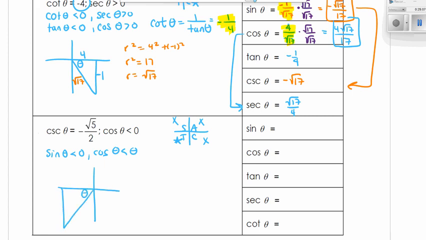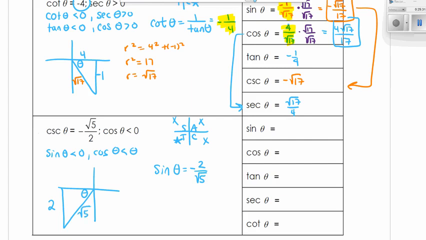Cosecant is the reciprocal of sine. So if we flip this, we get the sine of theta is going to be equal to -2 over root 5. I'm going to use that to help me draw my triangle before I rationalize it. Sine is equal to the opposite over the hypotenuse.